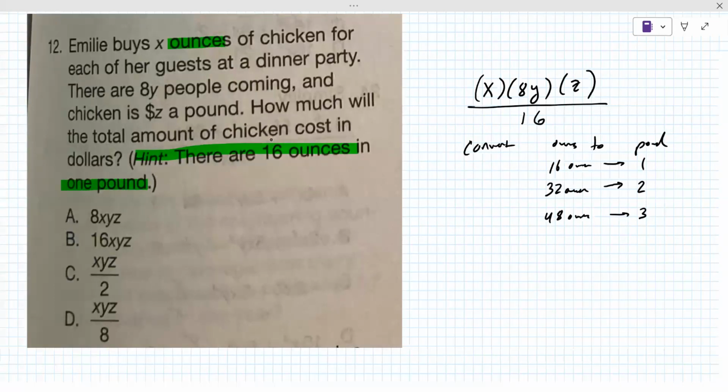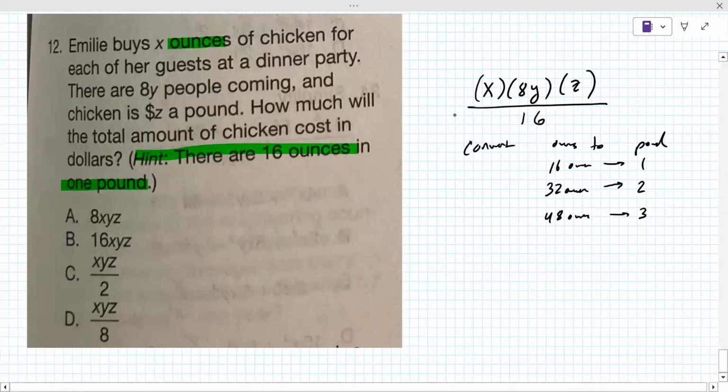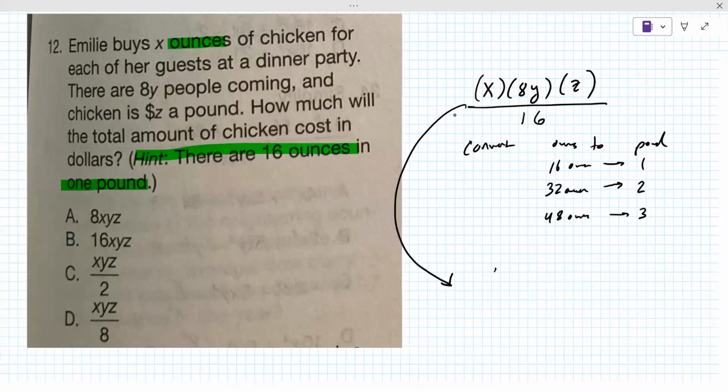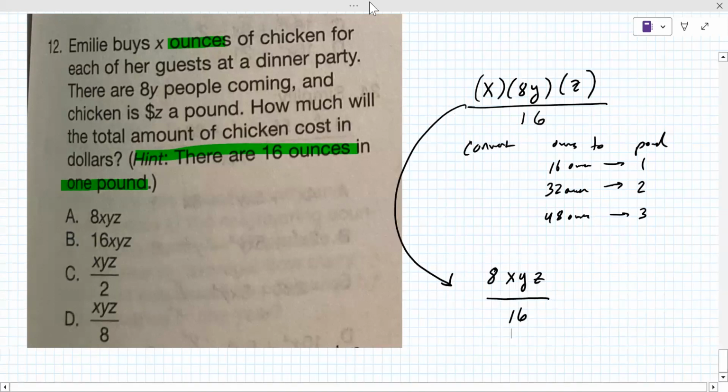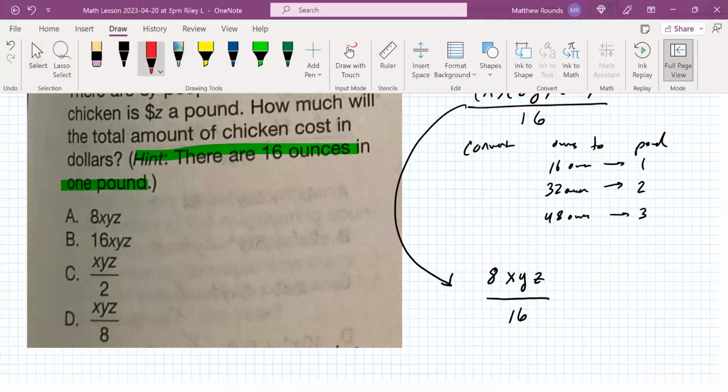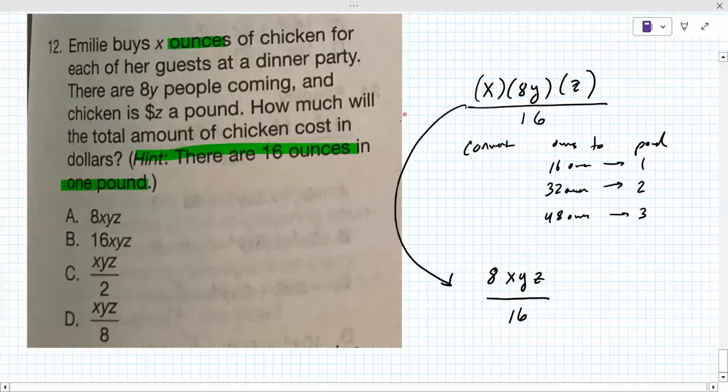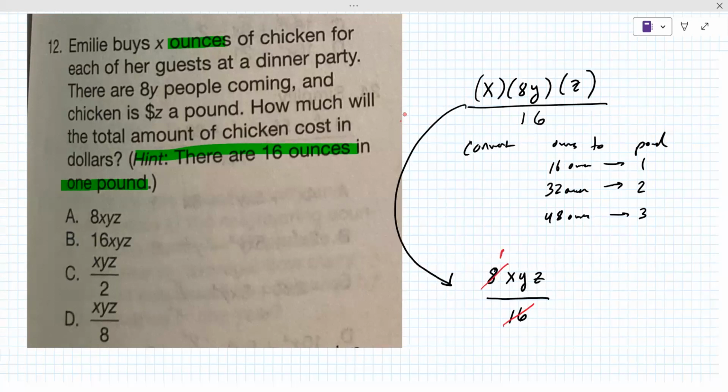It's not an option on there though. I agree. We have to do a little bit of simplifying. So let's take a look here. The numerator is 8xyz over 16. Is there anything that you see that cancels? No. How about the 8 and 16? Does 8 go into 16? Yeah, but they're not the same number. That's okay. So remember how we were doing reducing fractions a long time ago?